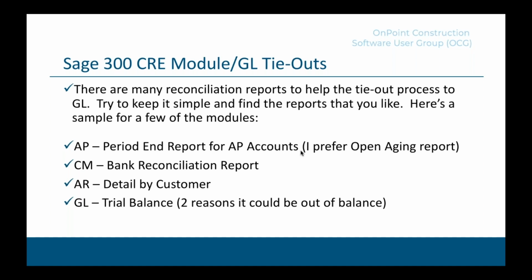So you're seeing that it ties, but I think one that people understand more is an open aging report as of that cutoff time. So it would be like June 30. At any time you can run it, and the aging date is June 30, and just making sure that that report ties to the GL.